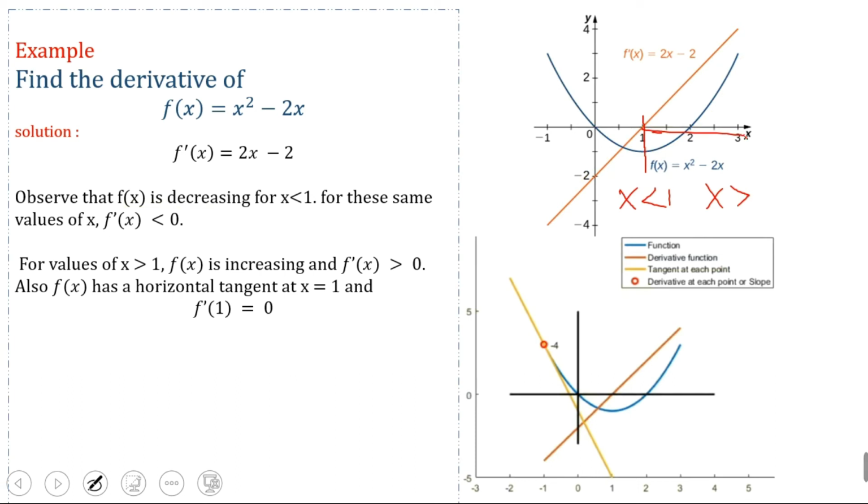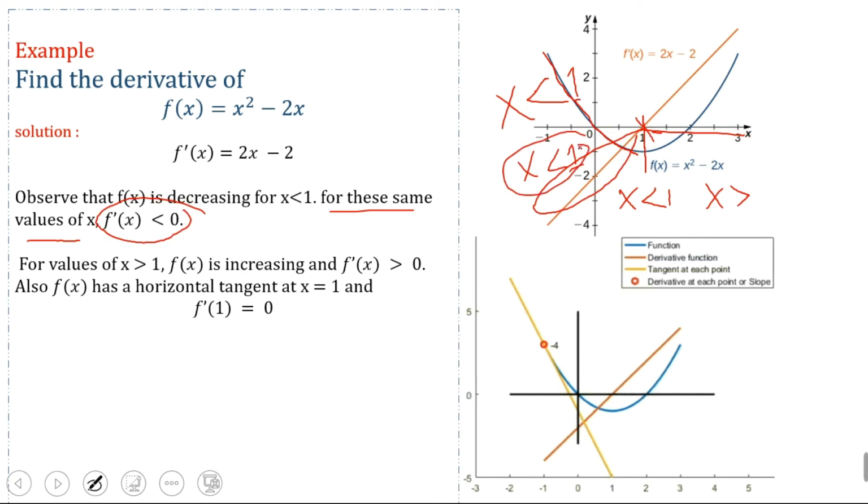We can see that the function is decreasing for x less than 1, and for these same values of x, the derivative of the function is also negative. We can see that the derivative of the function for x less than 1 is negative.